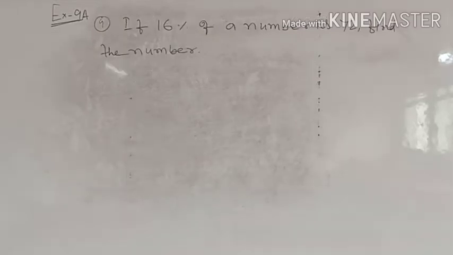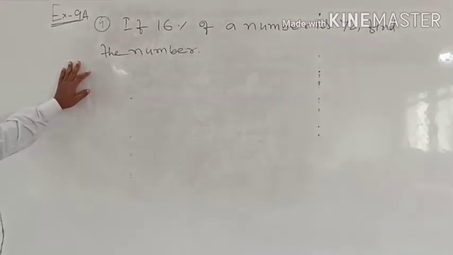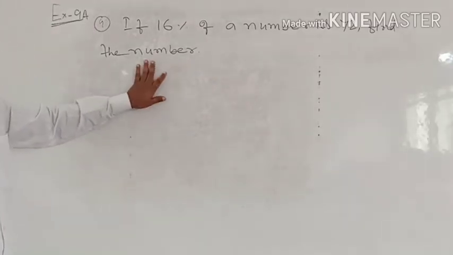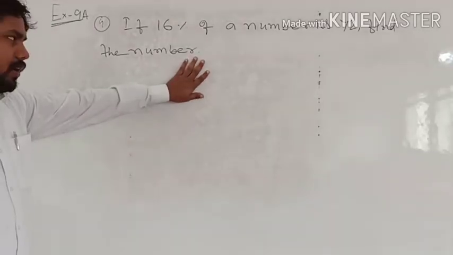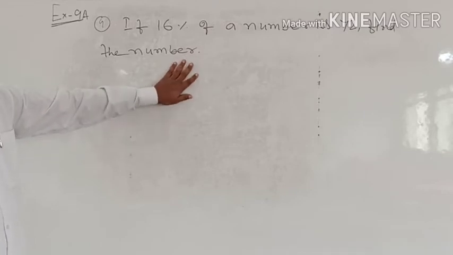Question number 9 is slightly different, but it is easy. It is asking: if 16% of a number is 72, find the number. In any such question, if a value is not given, we have to consider it as x.